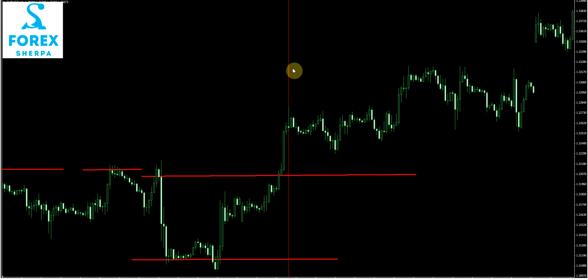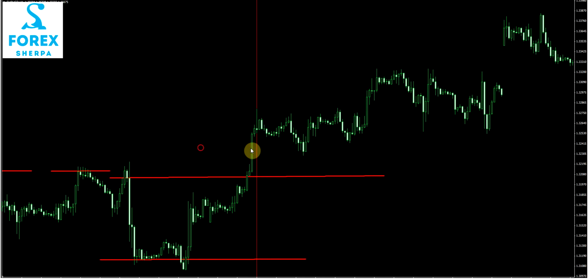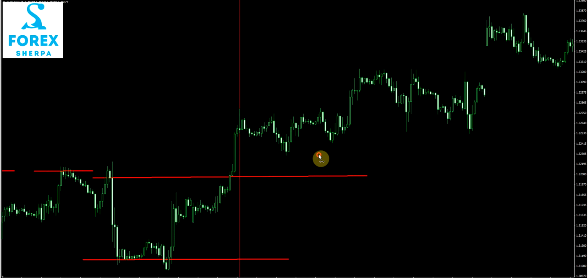So we are on the right side of the vertical line. The vertical line has been placed because this is our closed candle, which means the market has changed. Now we have to identify a correction trend.